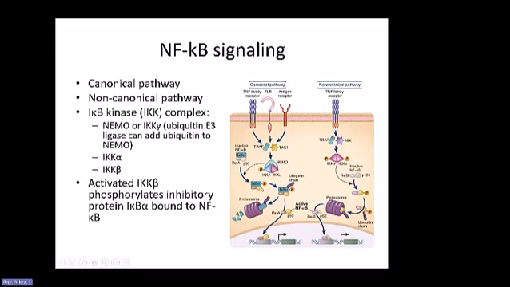Now I'm going to follow the canonical pathway on the left here. So let's look at that. The NF-kappa B has to be released from its inhibitor so that this transcription factor NF-kappa B can go to the nucleus.